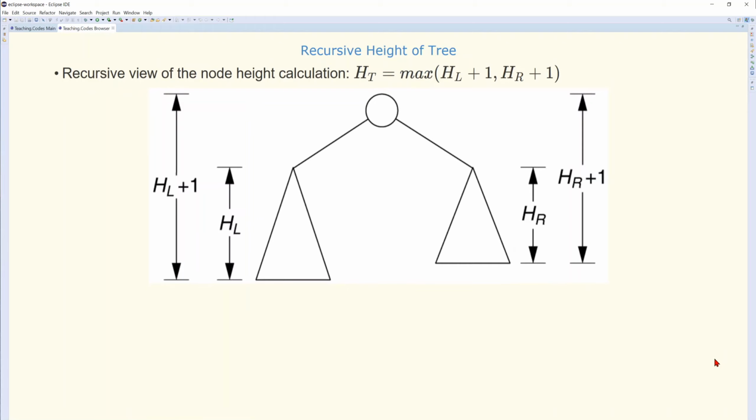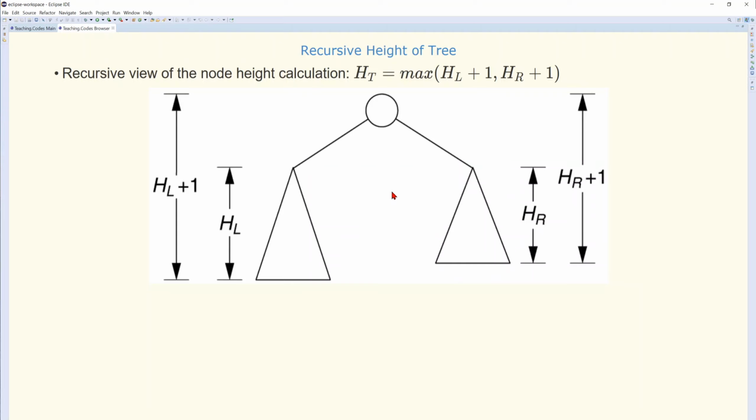How about the heights? Actually, the height is also similar. A tree with a root has a left subtree with the height of HL, let's say, height of left subtree, and another subtree for the right subtree with height HR.